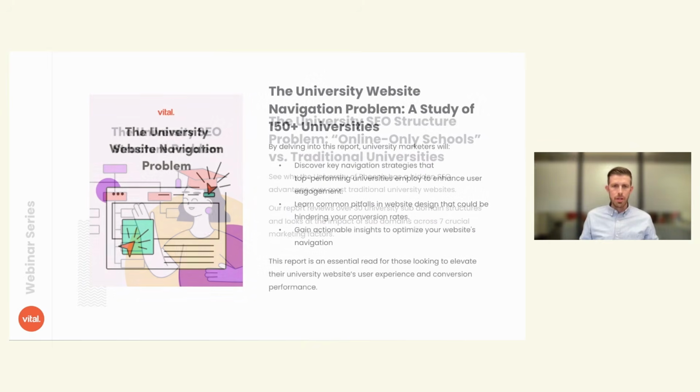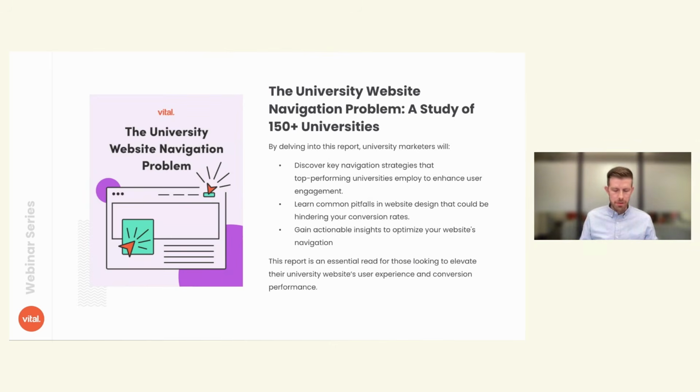And the other study is the university website navigation and usability report that Vital did, which is an analysis of 150 higher ed university websites where we go through the navigation strategies used, the common UX pitfalls that we're seeing, those sorts of things. So that's also going to drive some of what we're talking about today.